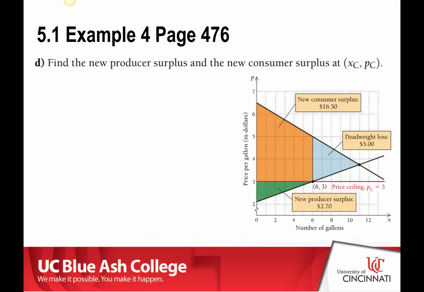Okay, so with this new ceiling price of $3 and the new ceiling quantity of 6 gallons, we can compute both the producer surplus and the consumer surplus. Let's go ahead and first compute the producer surplus.